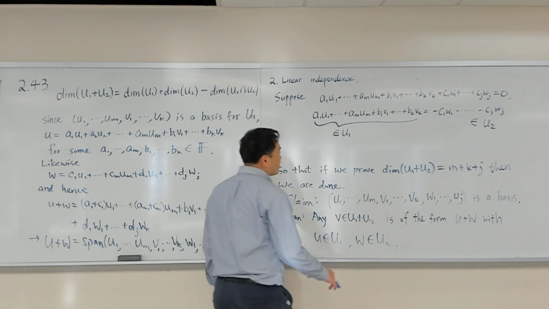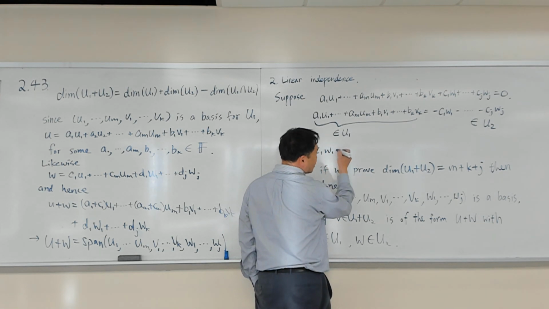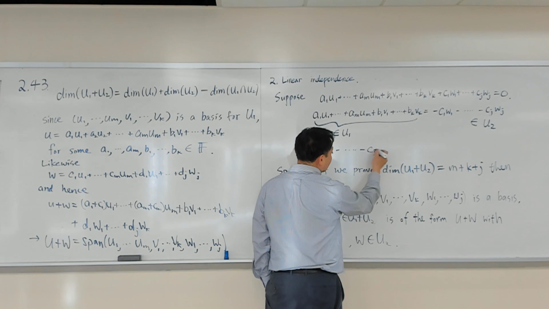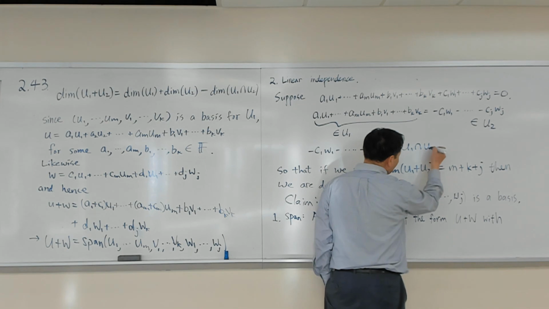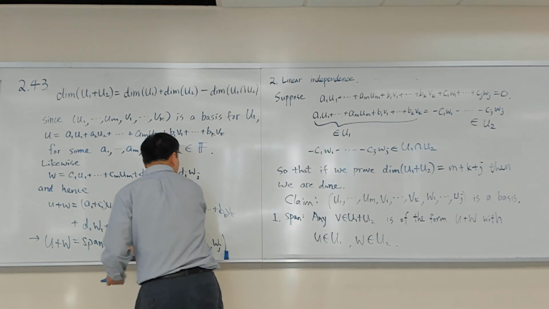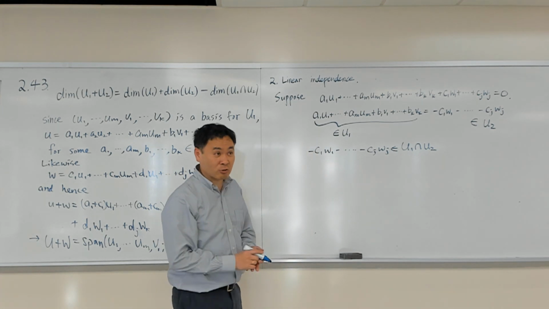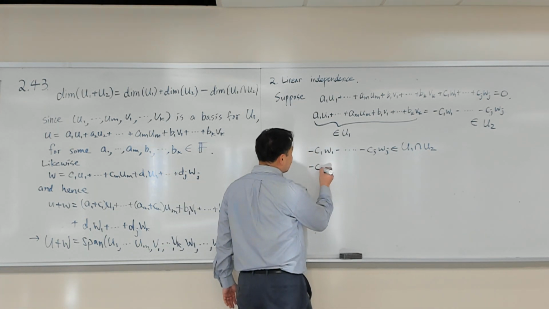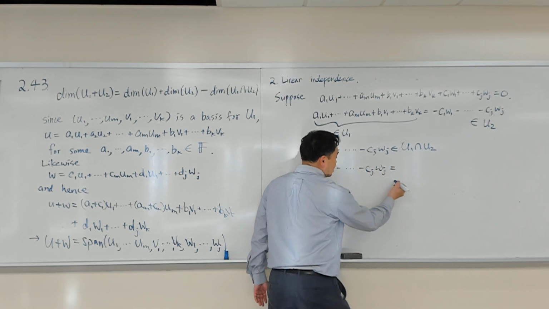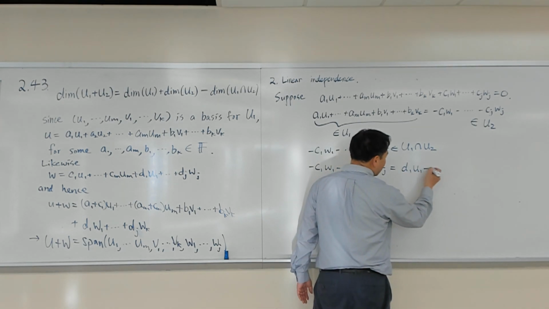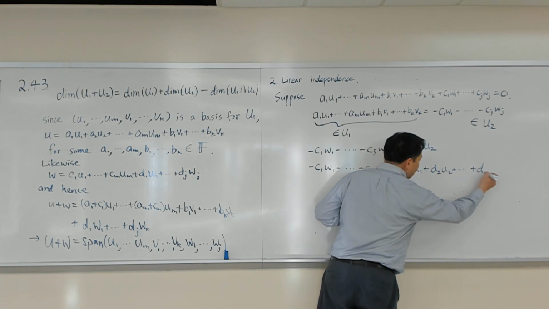Now what that means is that the right side, negative c1 w1 and so on, is in u1 intersection u2, but remember u1 through um is the basis for u1 intersection u2, right? So we know that negative c1 w1 through cj wj is equal to d1 u1 plus d2 u2 and so on up to dm um.